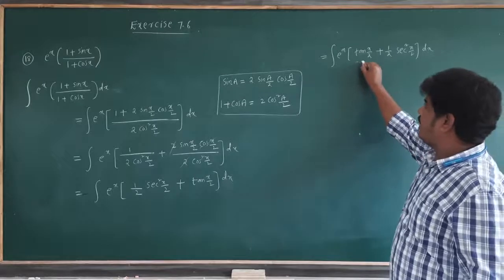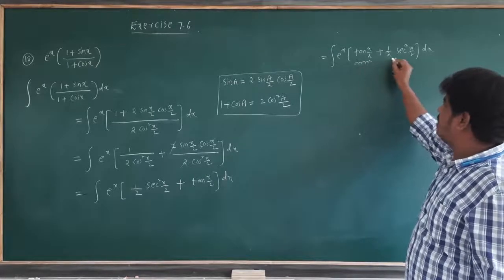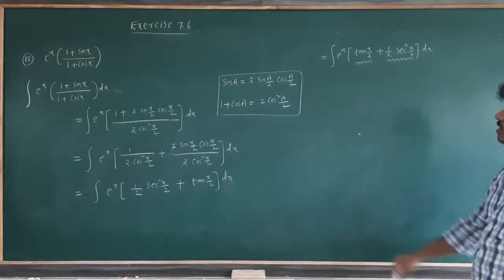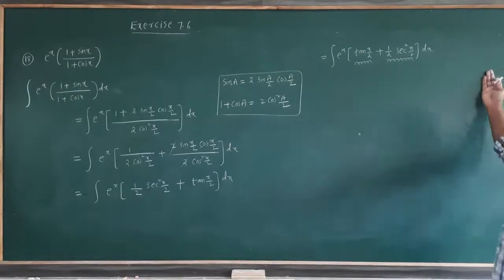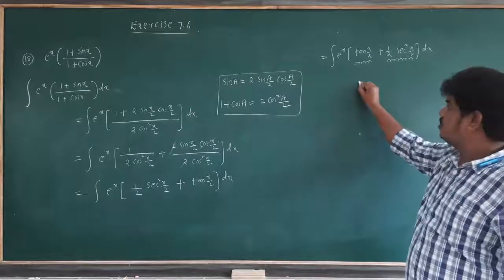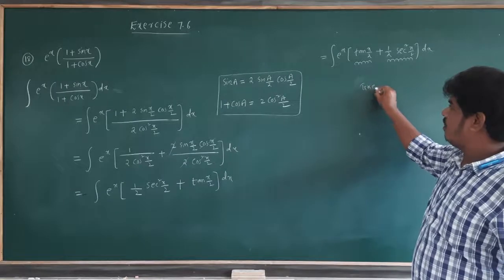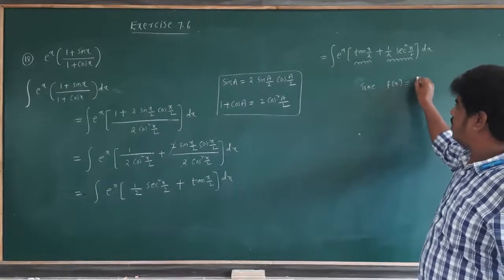Now take tan(x/2) equals f of x. Automatically the second term will become f dash of x.